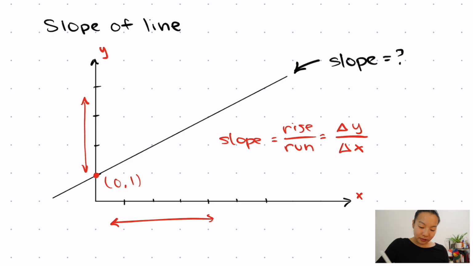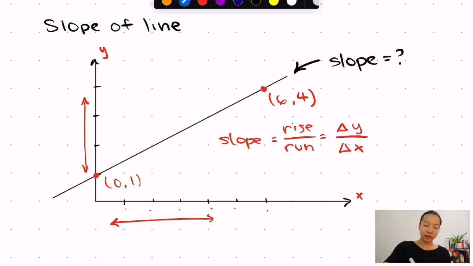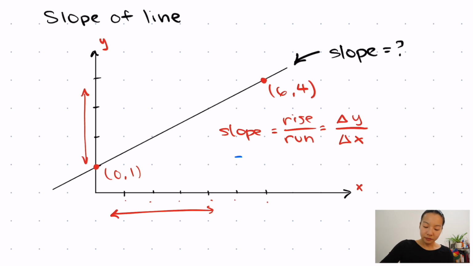And maybe this point over here is 6 on the x-axis and 4 on the y-axis. So in order to find the slope, we're going to calculate the change in y. How much difference is there between this value and this value?